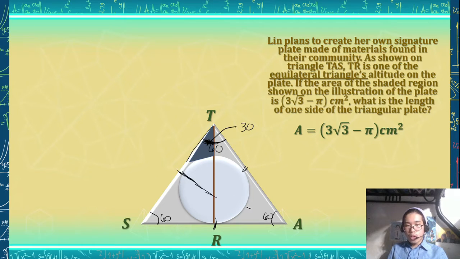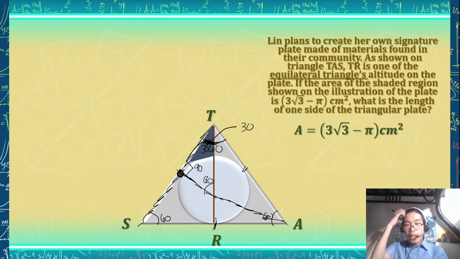And we can draw another line segment here that's going to be again one of the altitudes of the triangle, since it's an equilateral triangle, and therefore we can create here a 90-degree angle. This is a 30-degree angle, and this is going to be a 60-degree angle. So therefore we have here a right triangle, and not just an ordinary right triangle, we have a special right triangle, a 30-60-90 triangle.